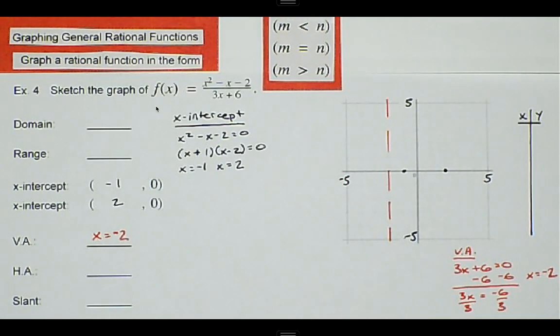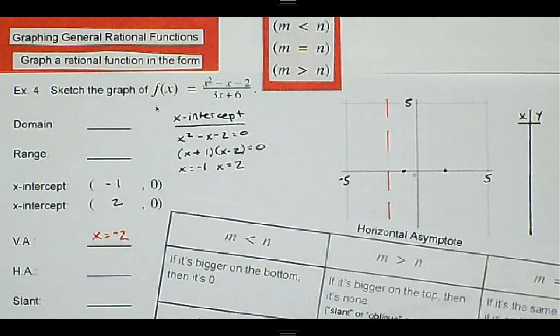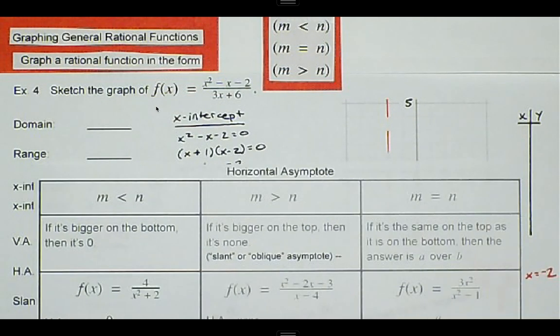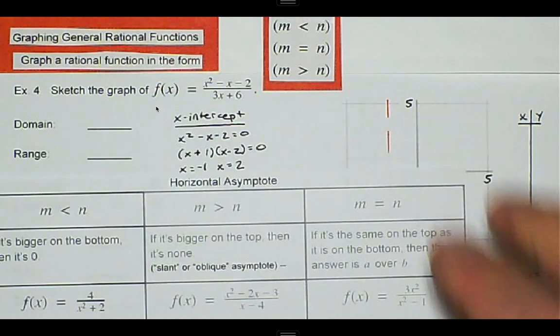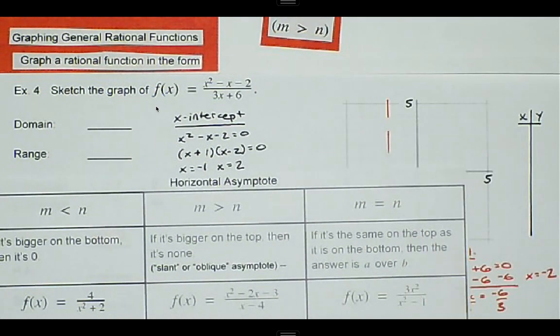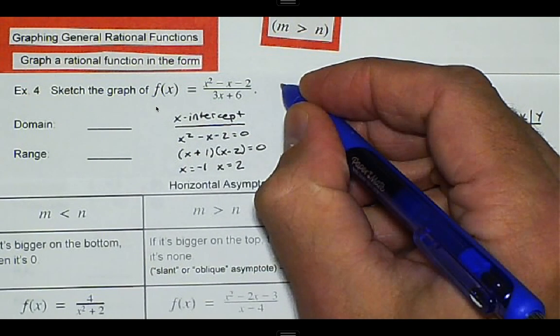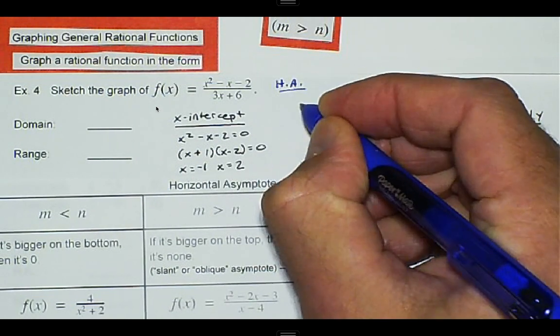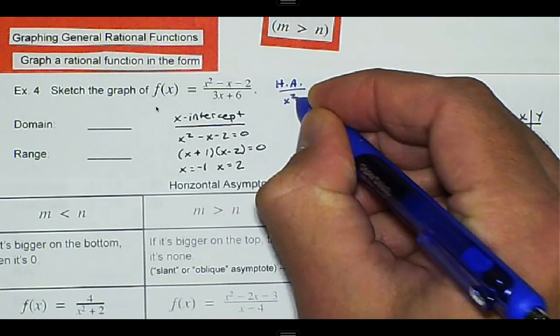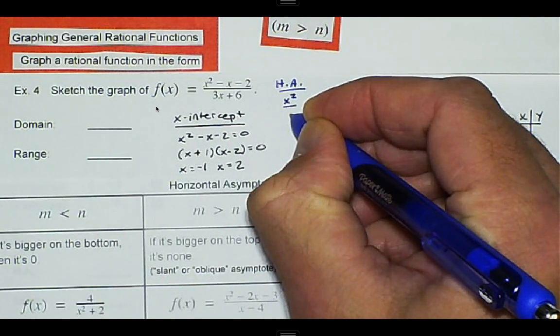The next thing that we have to take a look at is we have to decide what our horizontal asymptote will be. And that is when we pay attention to our m and n and see what we come up with for that. So in this case, for our numerator, we have an x squared, and then we have an x to the first.